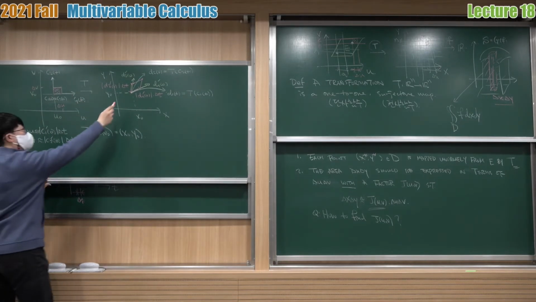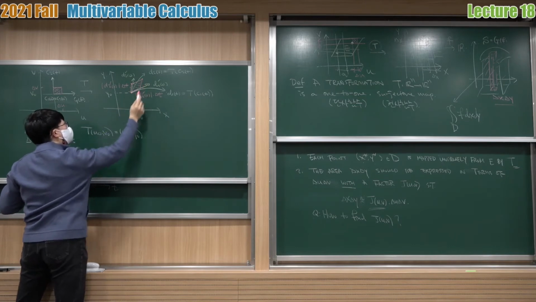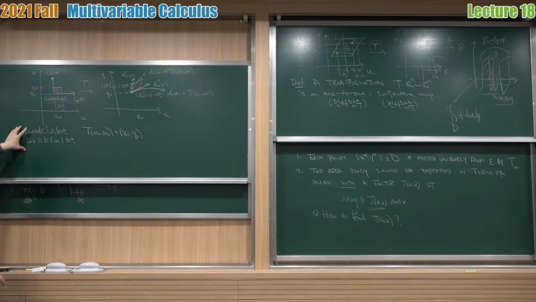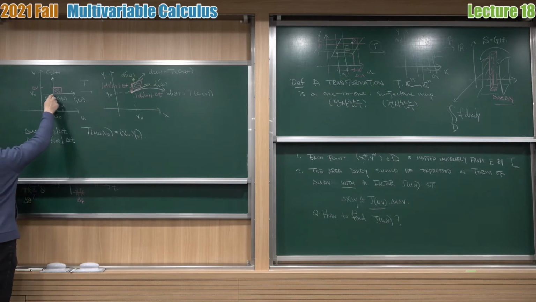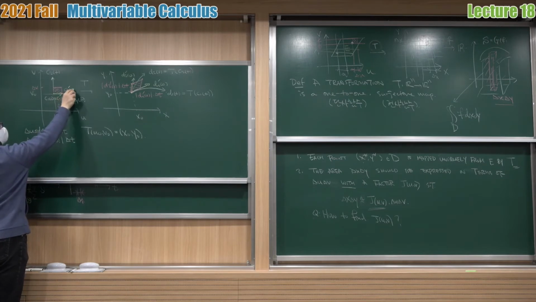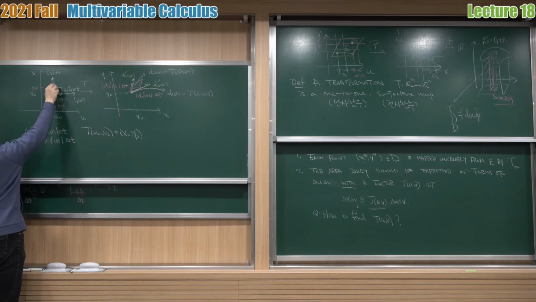So let's take the area here. I introduced the notation, but there is an easy way to compute this rectangular box. First you take the vector of this length, which is C1 prime 0 delta t, and then this length, which is C2 prime 0 delta t.